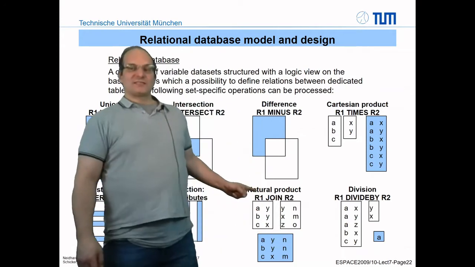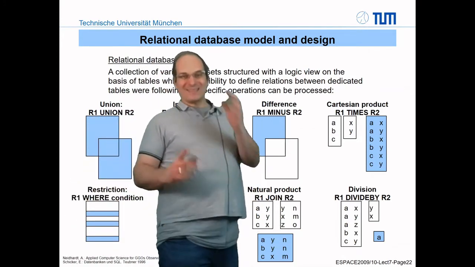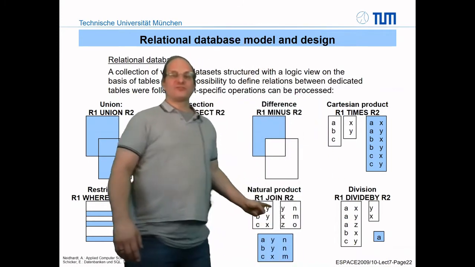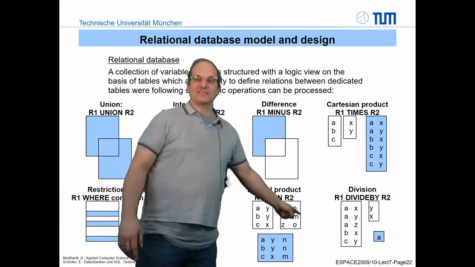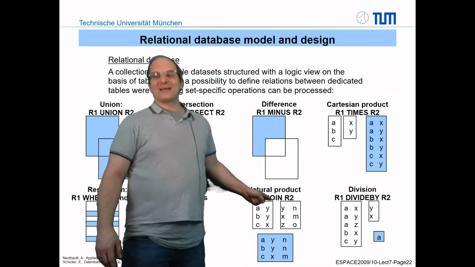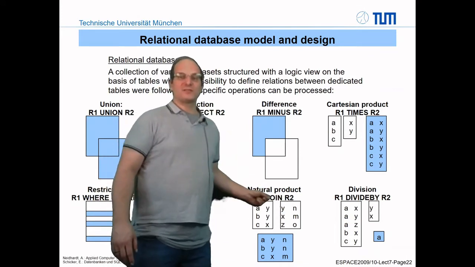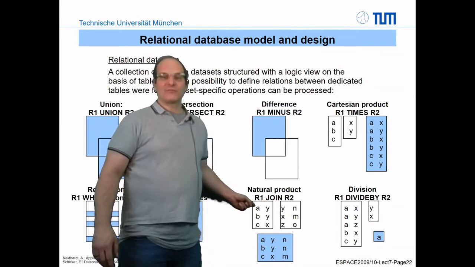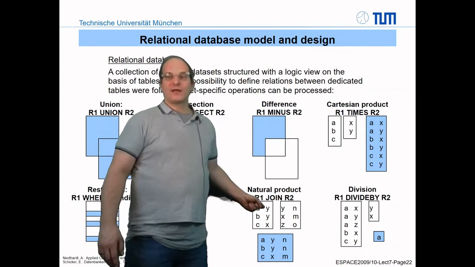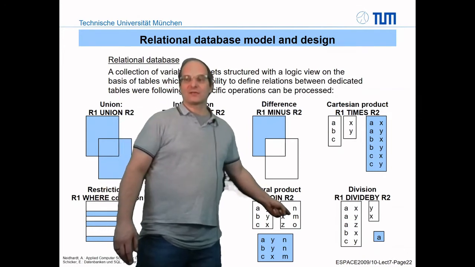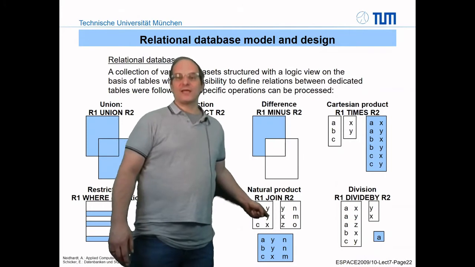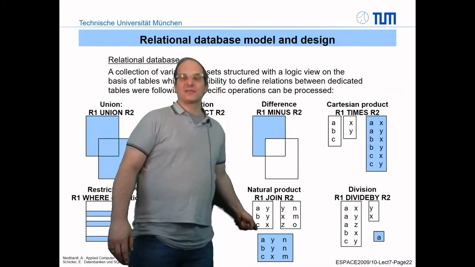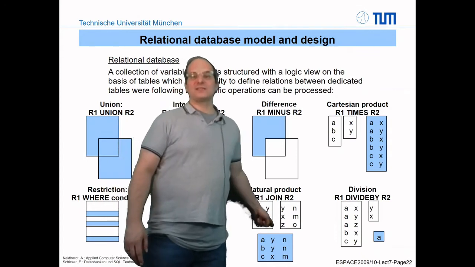Also often used is the natural join. The natural join is something like this with this relational table. It's very similar. So this natural join has two data sets, and it uses a combination where you join these two tables. So for example, you have a combination of A and Y, and then you have a combination A, Y, N. Or you have B and Y, and then you have B, Y, N. Or you have CX here, and then you can combine with this CXM.